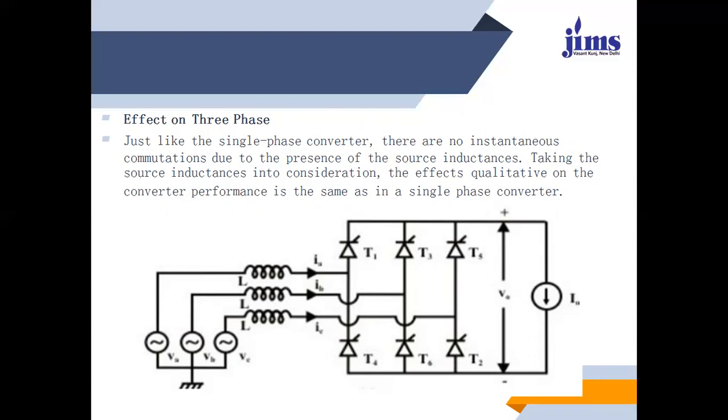So over here we have three sources, the individual phases, connected to form the three-phase supply. Each individual phase has an inductance L connected, which works as the source inductance. They are connected with T1, T3, T5, T2, T4, and T6 to the load side.